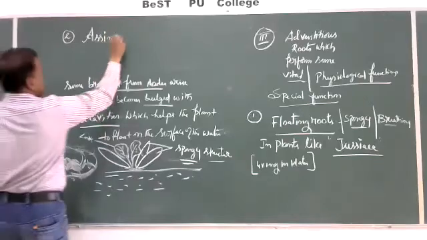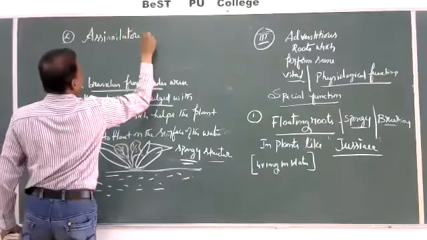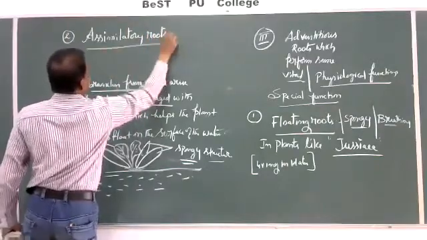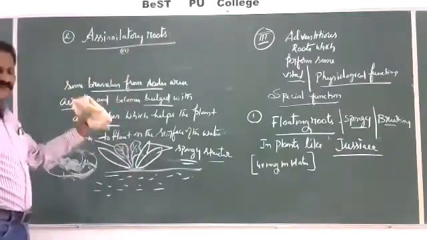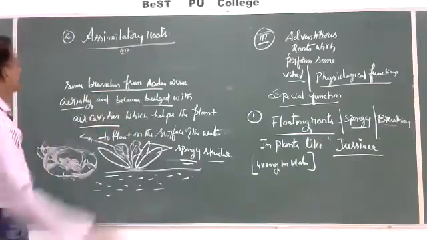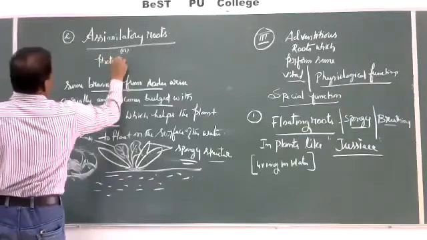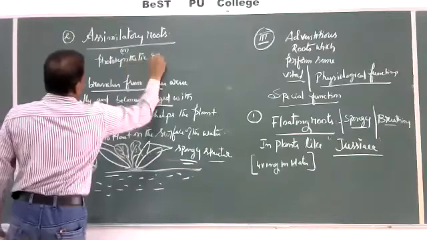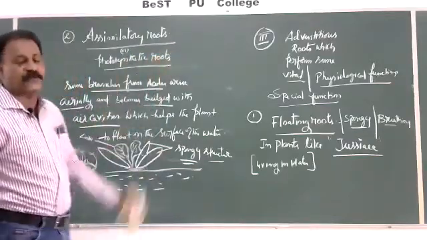Assimilatory roots are responsible for the production of food material by a process called photosynthesis. So, photosynthetic roots. See here, this is not the property of a root.